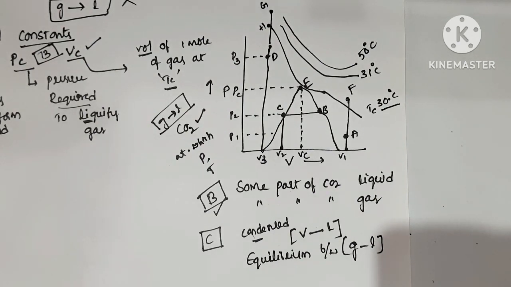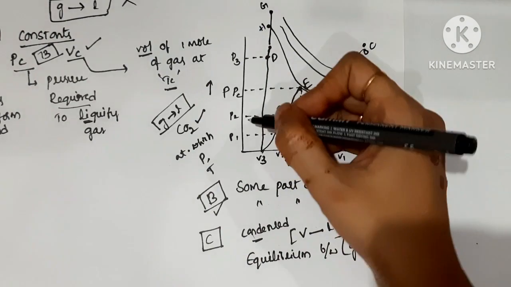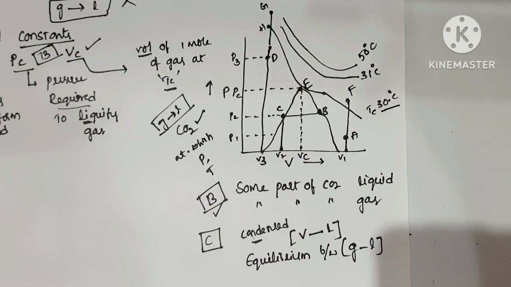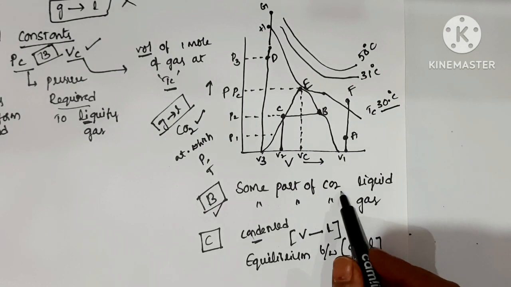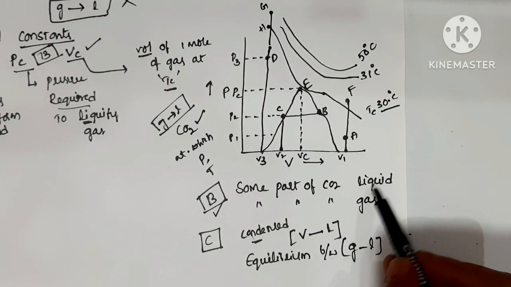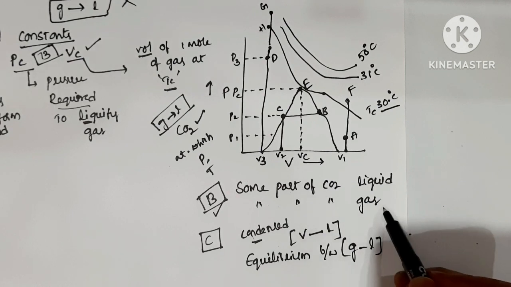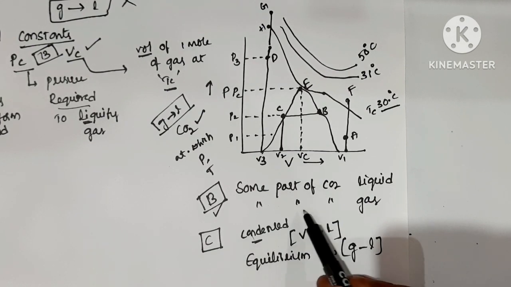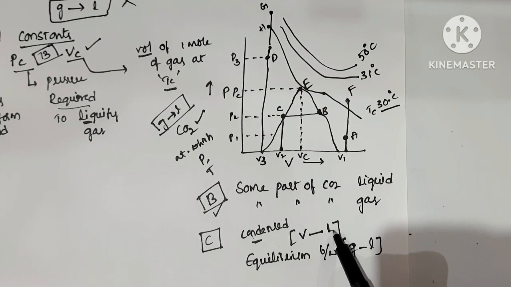Compression of gas results in pressure P2 from P3 at C point. At B point, some part of the CO2 is liquid and some part is still gaseous. At C point, all the CO2 is condensed, vapor state to liquid state. That means equilibrium between gaseous state and liquid state at C point.